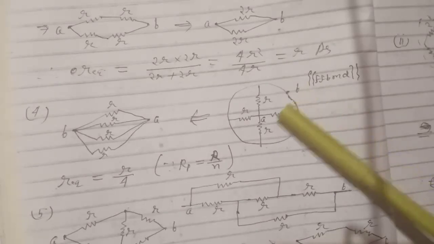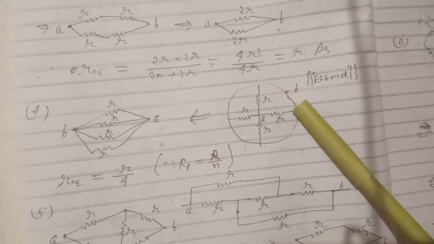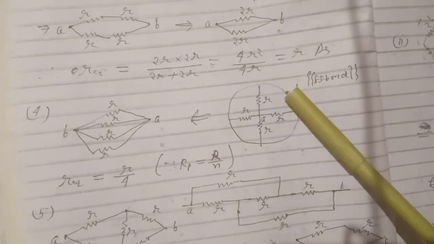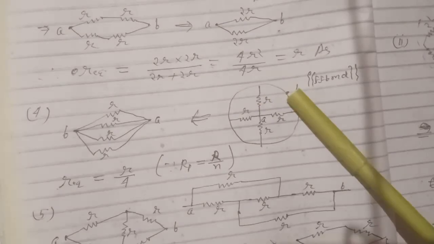At one point here we see that this resistance is also connected to B. This end of the resistor is also connected to B.